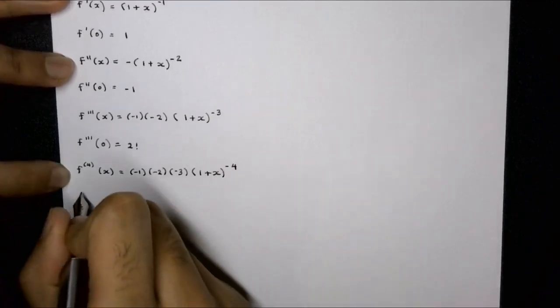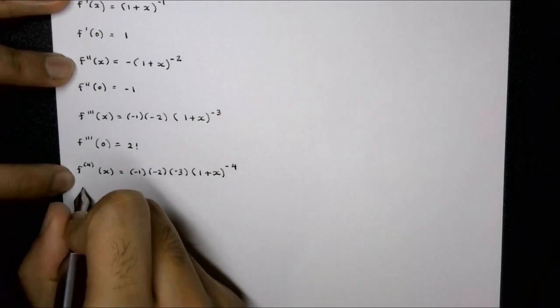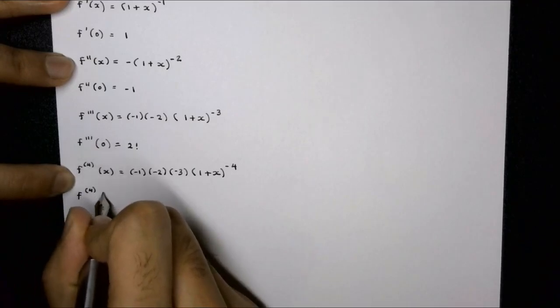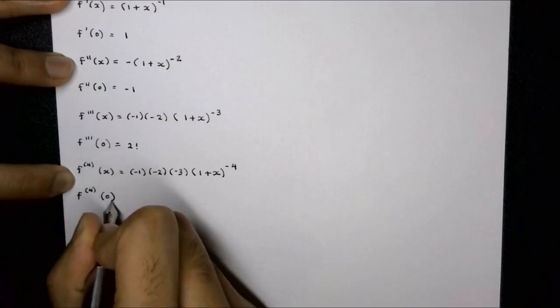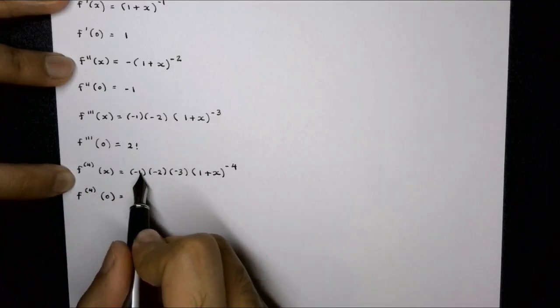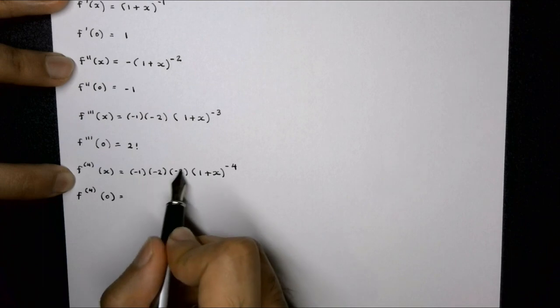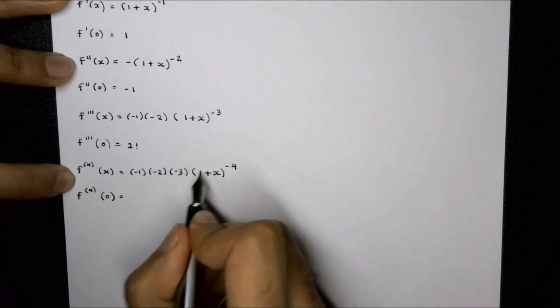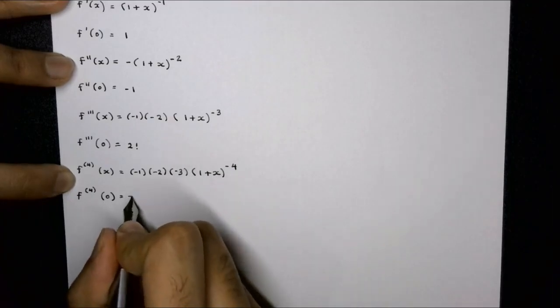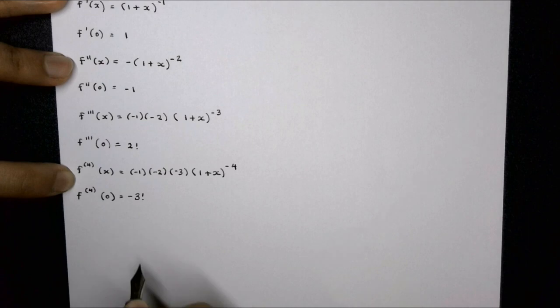And if we work out what the fourth derivative of f at 0 is, you'll see here we get minus 1 times minus 2 times by minus 3, which is minus 6, and then we times by the 1. So here we get minus 6, which I'm going to write as minus 3 factorial.